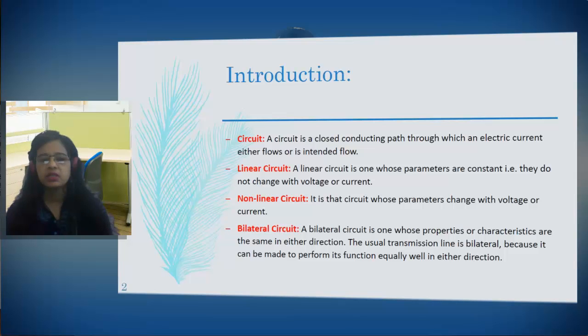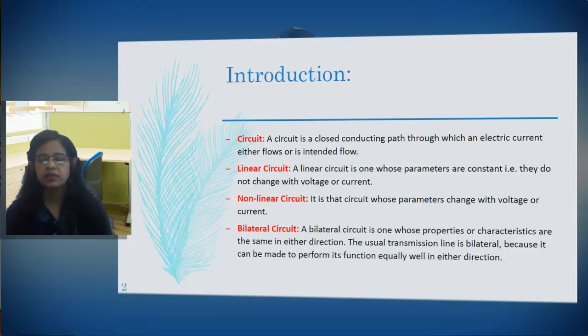Next is bilateral circuit. Again, before going to the bilateral circuit, I will describe what a bilateral element is. A bilateral element is an element whose property does not change with change in direction. For example, a resistor.